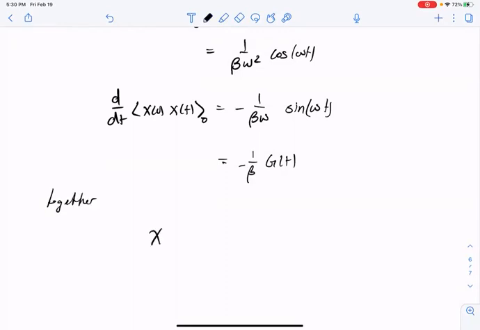So, putting everything together, the response function that tells me how my trajectory changes can be given by minus beta, the theta function, which invokes causality, and a time derivative of a time correlation function.